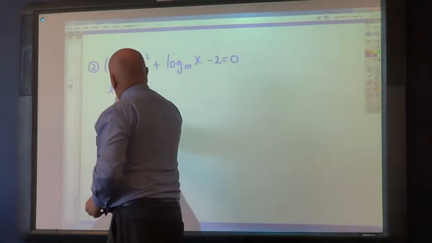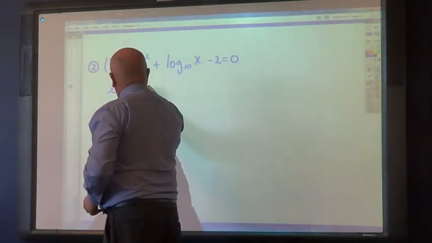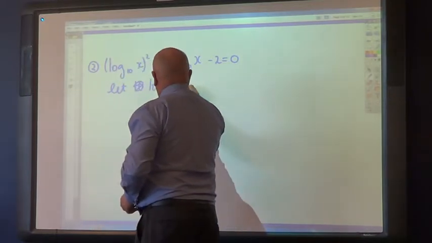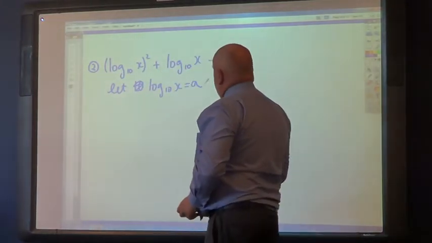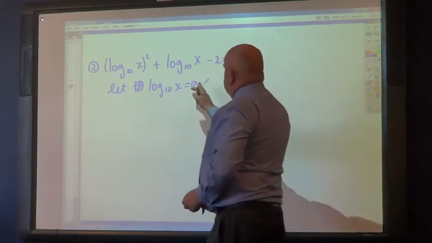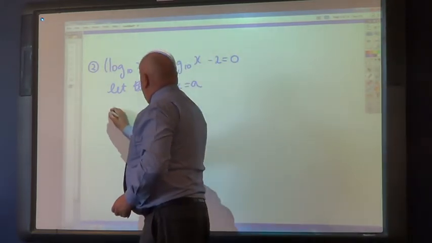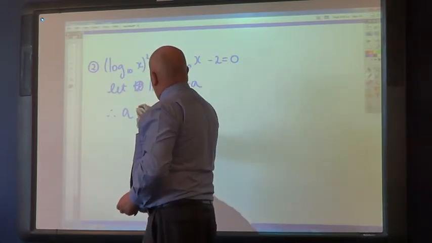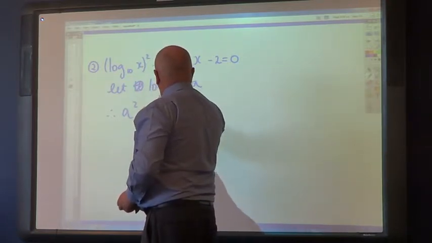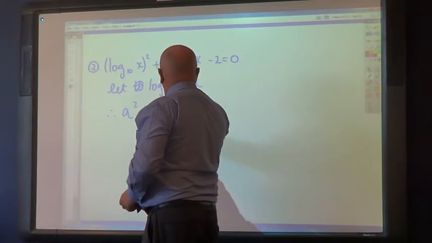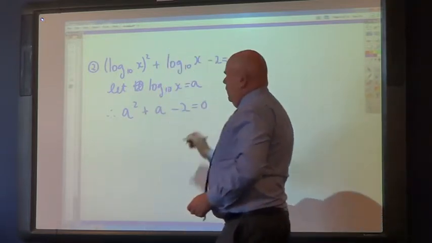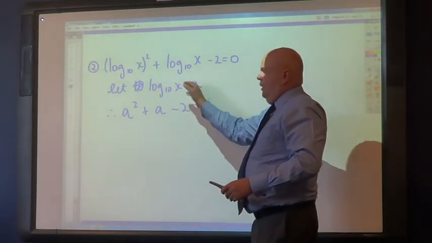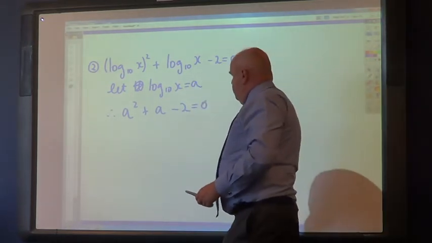So we say let log base 10 of x equal a. We've used this technique a couple of times before. Therefore a squared plus a minus 2 equals 0. Then we're going to solve for a and substitute back in log base 10 of x wherever a appears.